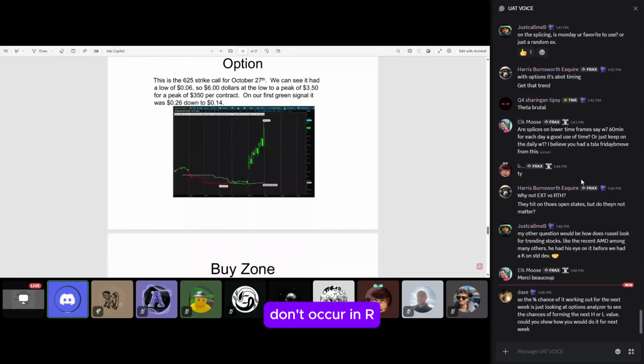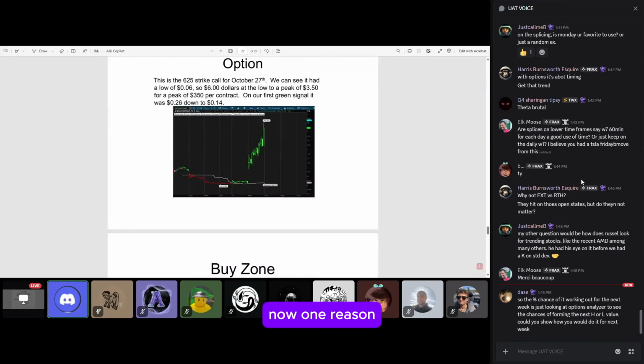If they don't occur in RTH, they're not considered closed. Even though, as you say, Harry, and as I see myself too, they will be hit outside of RTH. In extended hours, we'll be hitting them like a dog. These things will be hit left, right, and center, which is great. It's just to close them, we have to hit them in RTH.